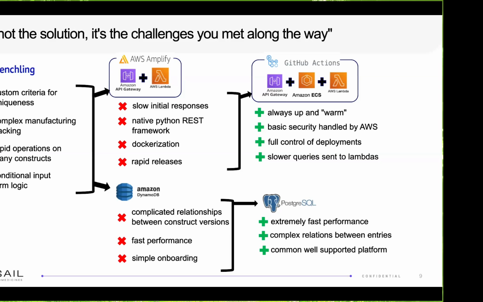It launches it, and if one fails, it'll launch a new one. It's, I believe, a relative of Kubernetes or something like that. This gives us a lot more control of the deployments. It still lets a lot of the basic security be handled by AWS.